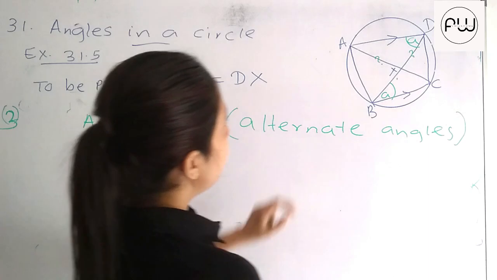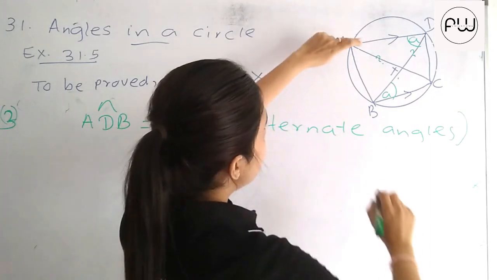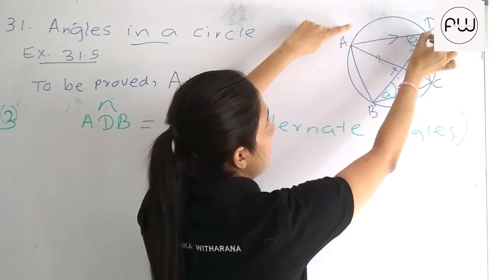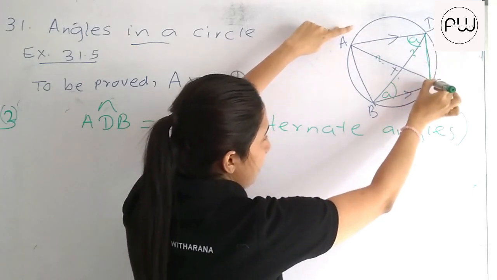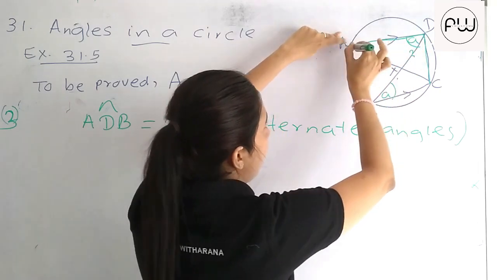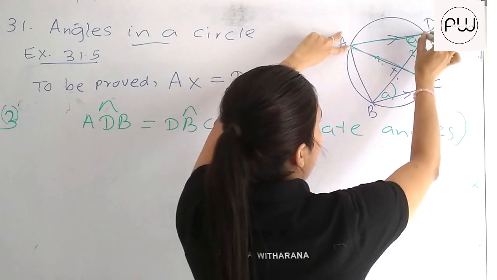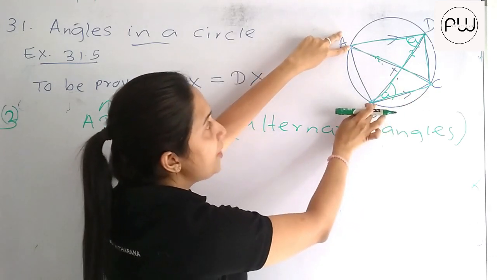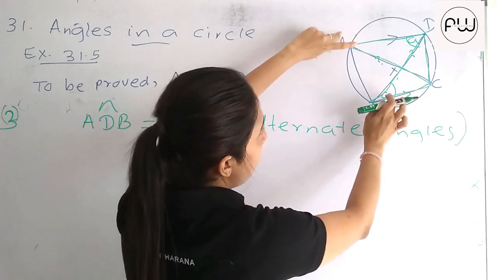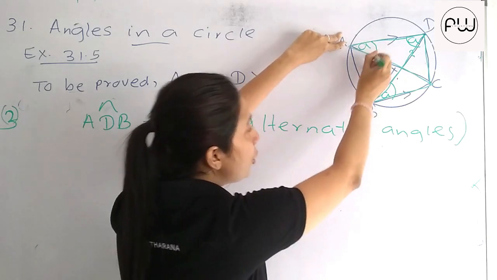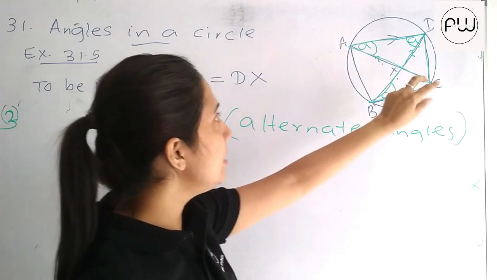And now consider this angle and this angle. Now see this one, BC chord and this segment. This angle and this angle are in the same segment. Then if this is A, this angle also should be A. What is the reason?